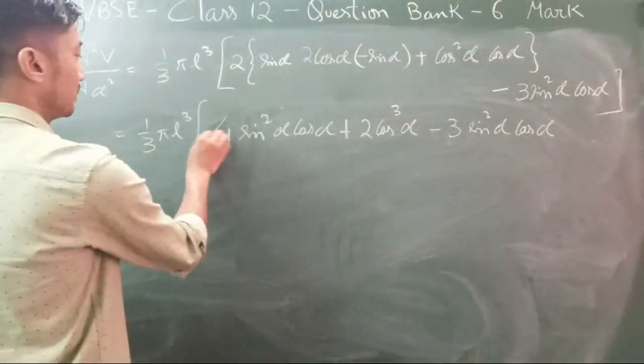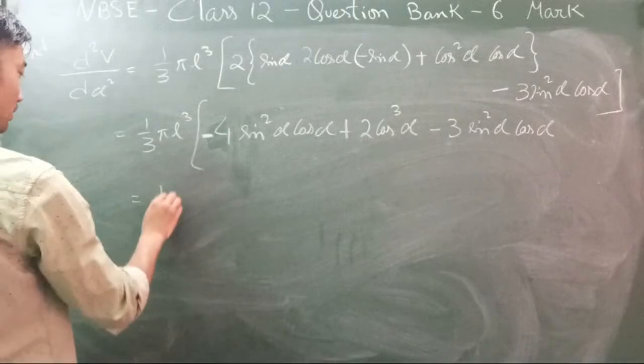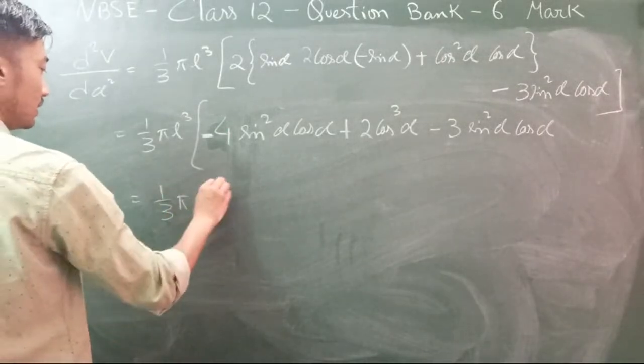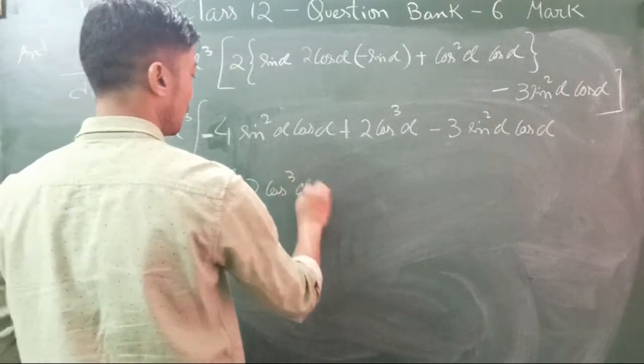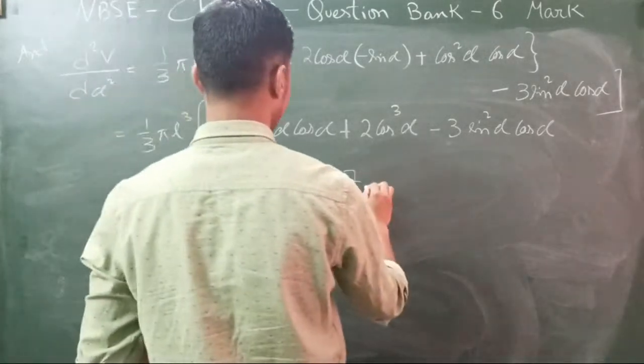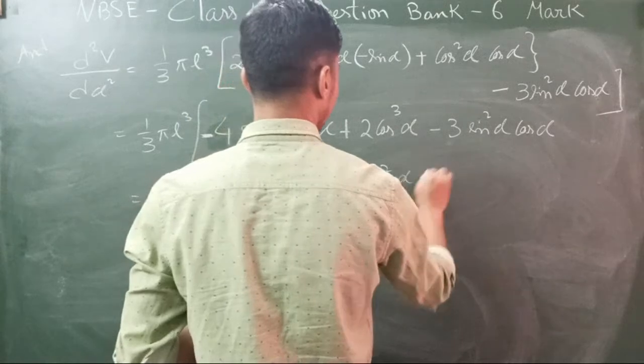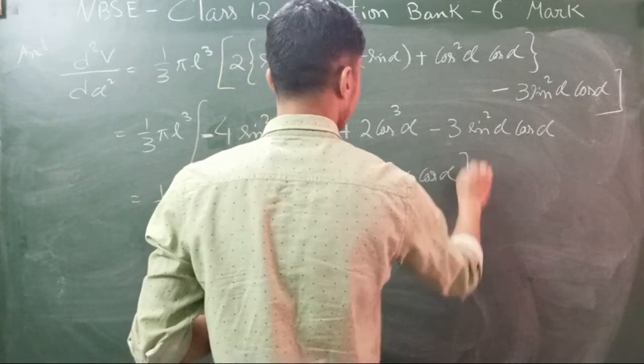So that's going to be 1 by 3 pi L cube 2 cos cube alpha minus 7 sine square alpha cos alpha.